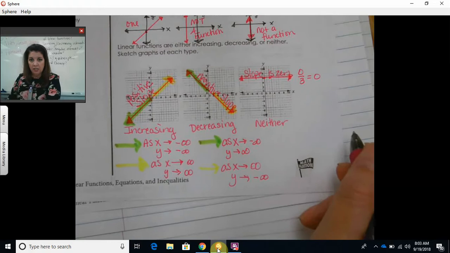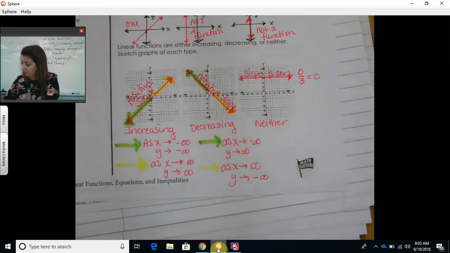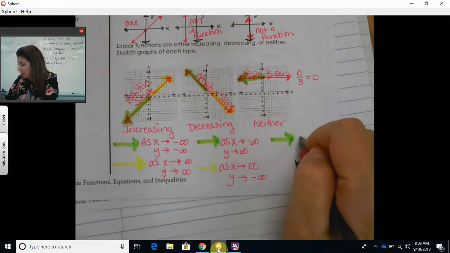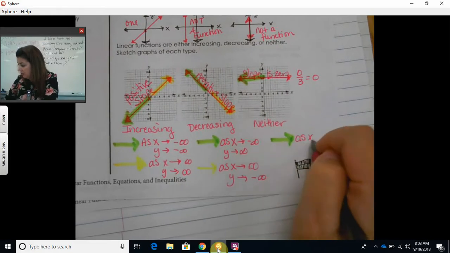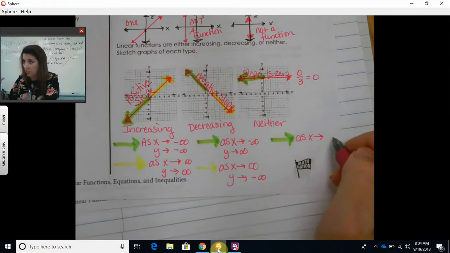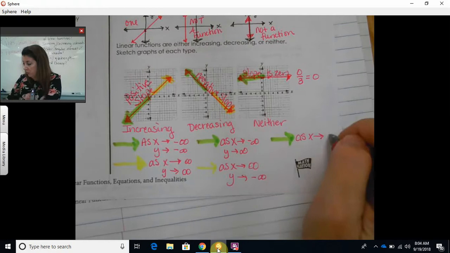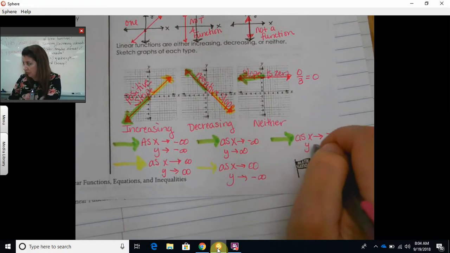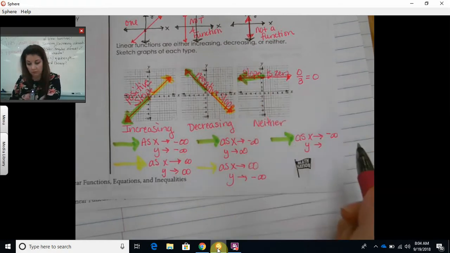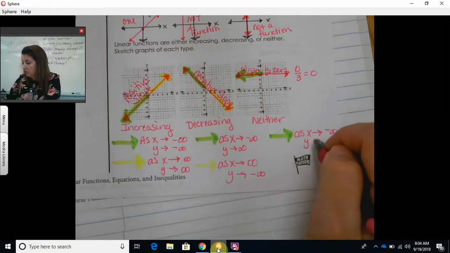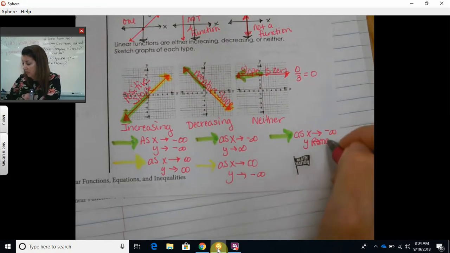Okay. Neither increasing nor decreasing. The left side of my graph, what is x approaching as it goes to the left? When it goes to the left, x always approaches negative infinity, but that doesn't mean y does. What is y approaching on the left side of this graph? Is it approaching positive or negative? Neither, right? So we would say y, and I shouldn't have put the arrow there, I would just say y remains constant.